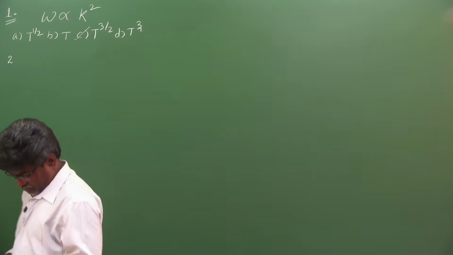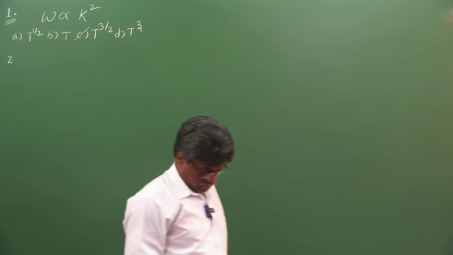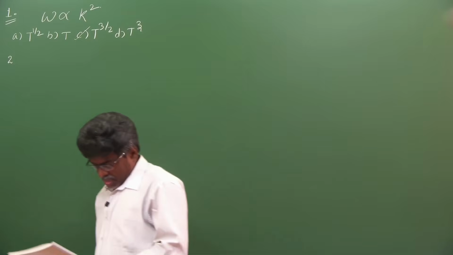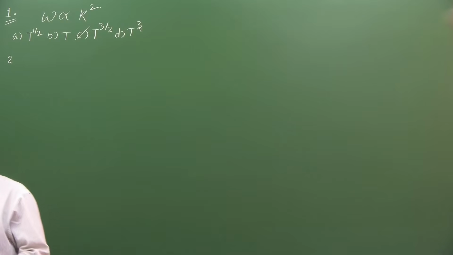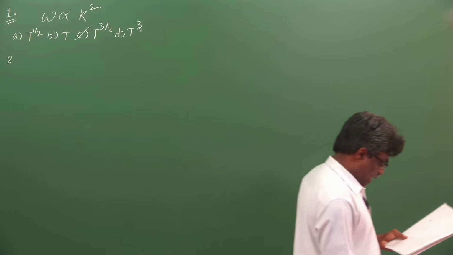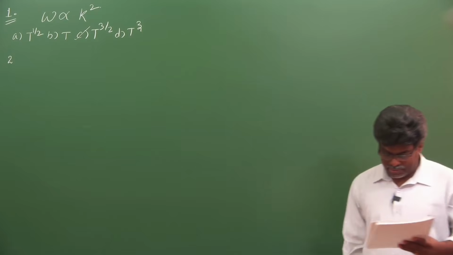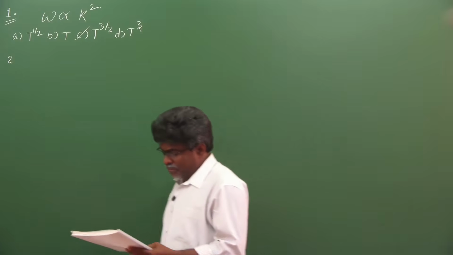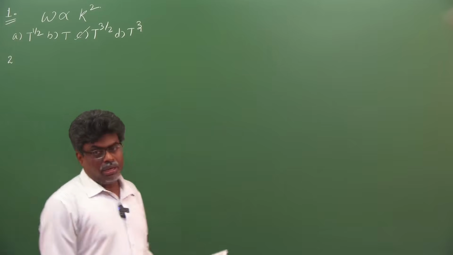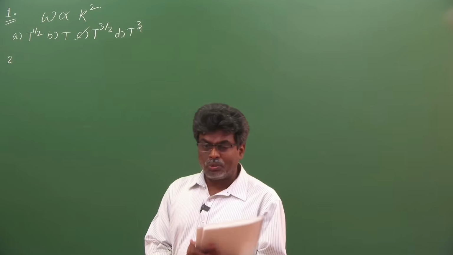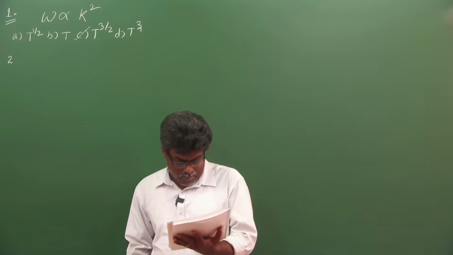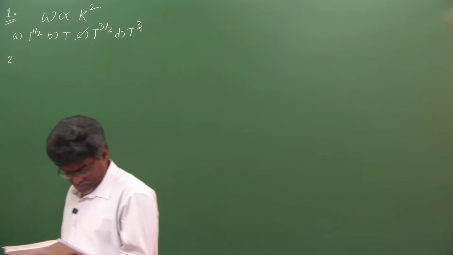Next one. Consider capital N number of identical electrons distributed in a cubical box. Underline cube. What is the dimension? In a cubical box. Full stop.